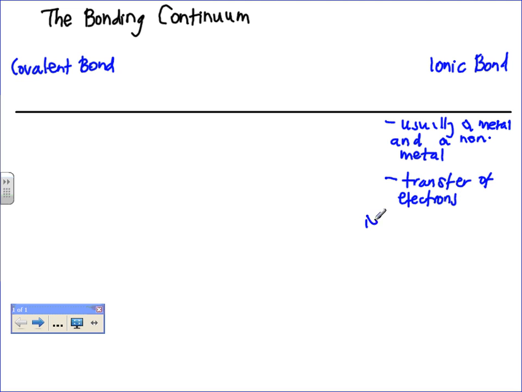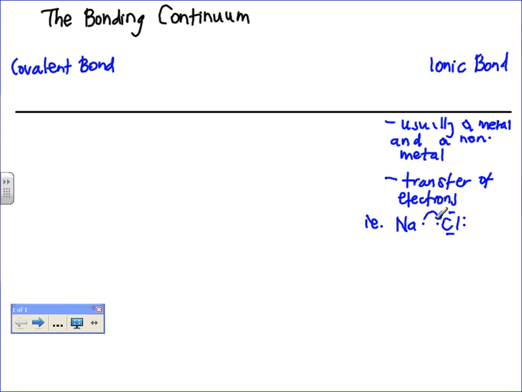So let's look at an example here. If we've got something like sodium chloride. Okay, sodium has 1 valence electron and chlorine has 7. Sodium, our metal here, has 1 electron to lose in order to become stable, while chlorine has 1 electron to gain.